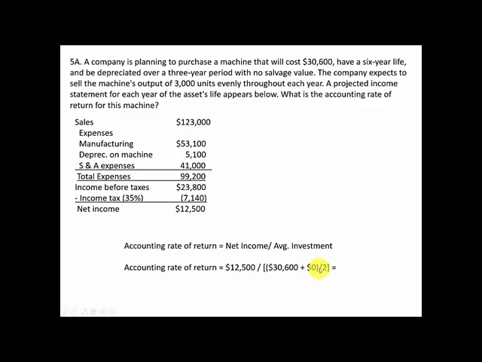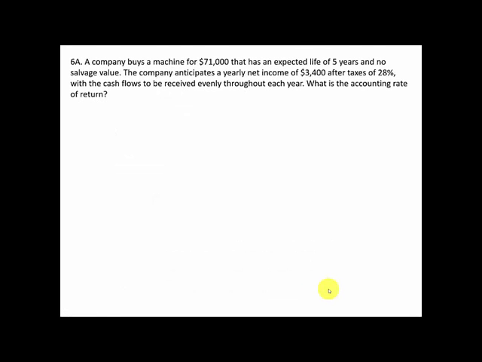Add the two together, divide by 2, and take that result and divide it into the $12,500 income, and you get 15.3 divided into 12,500, and the accounting rate of return is 81.70%. Higher is better.